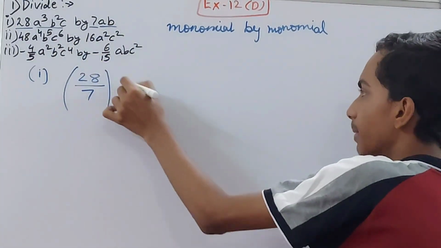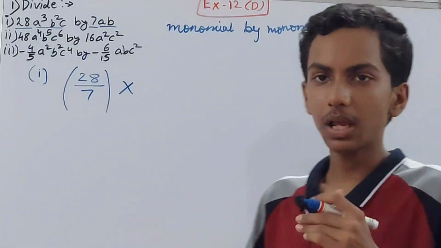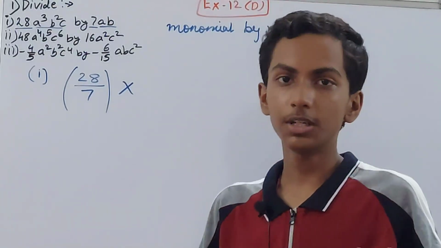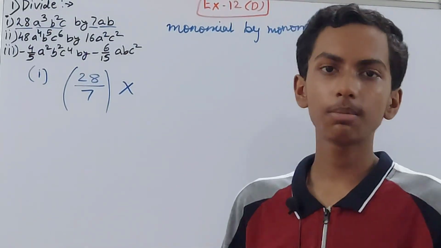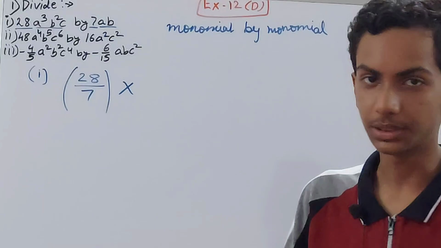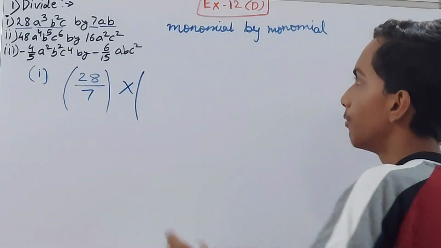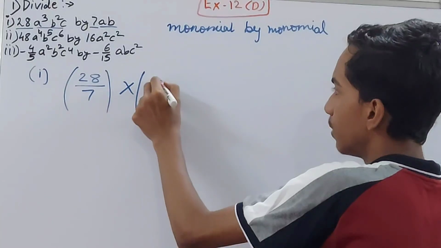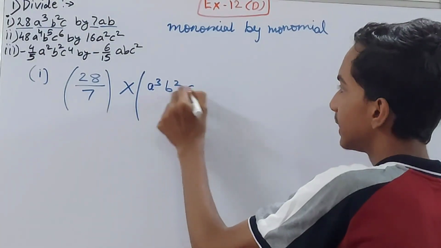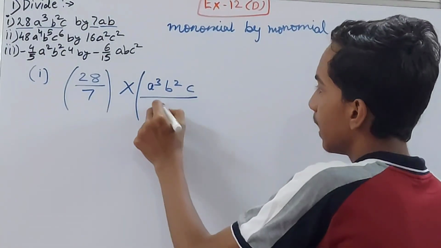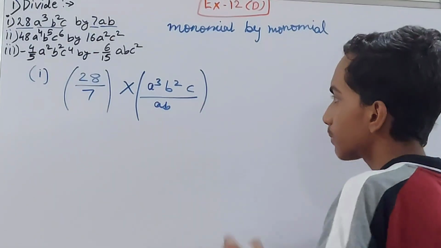Now we will put multiplication in between, because whatever answer we get from the number part and the variable part, both of them have to be multiplied to get the final answer. That's why I am putting a multiplication sign in between. And now we have to take the variables a cube b square c by ab.